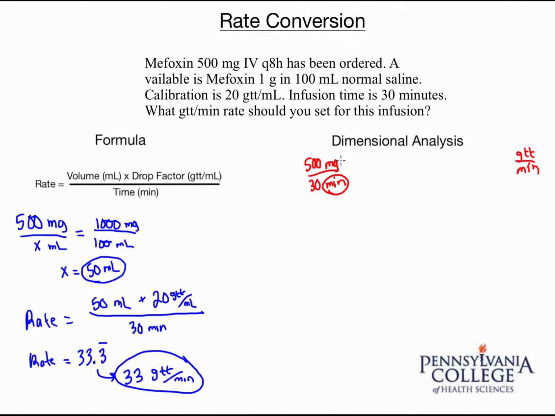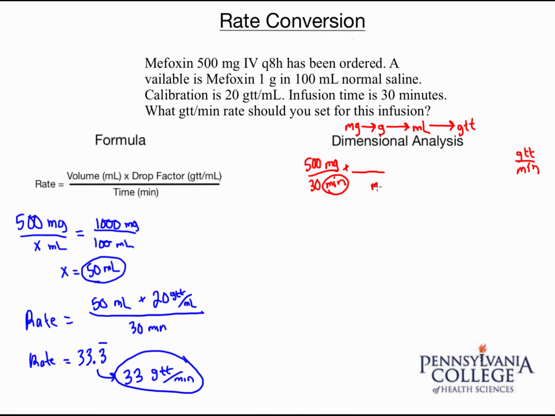So what I need to do is figure out how I can convert milligrams into drops. Well, I know I can go from milligrams to grams. The reason I want to go to grams is because then I can figure out how many milliliters that is. And then using the drop factor, I can go from milliliters to drops. I'm just mapping out exactly what I'm going to be doing with my conversions.